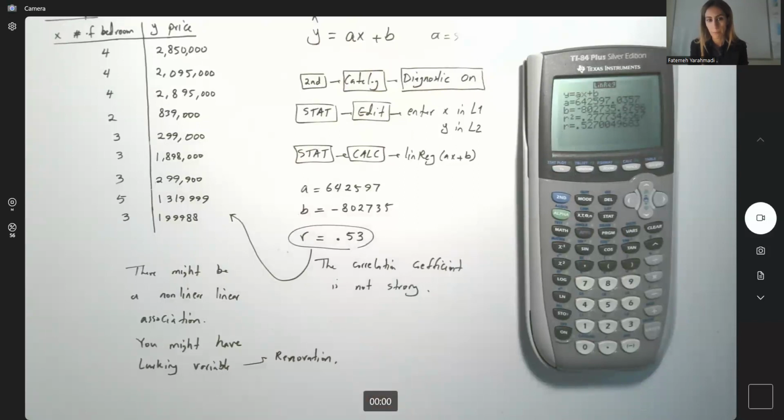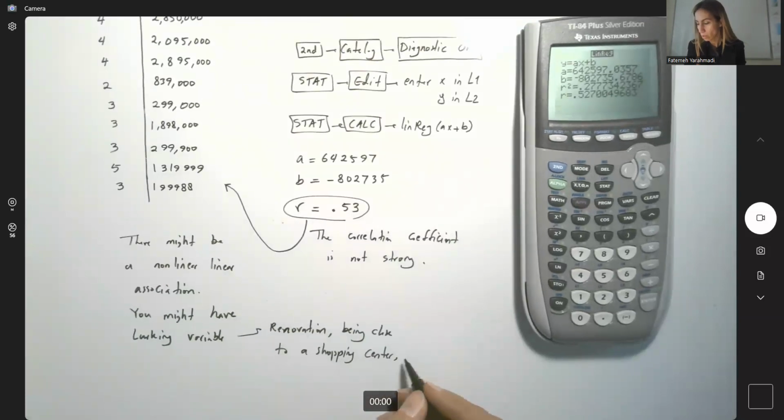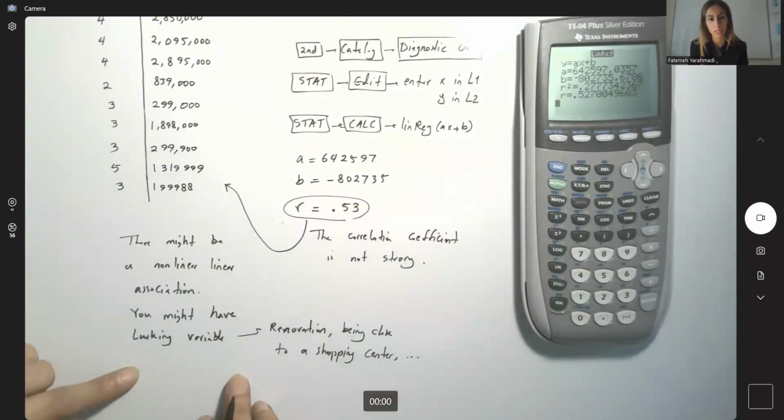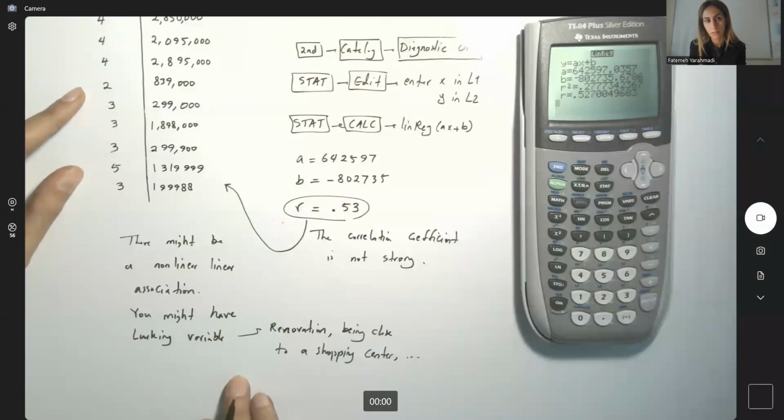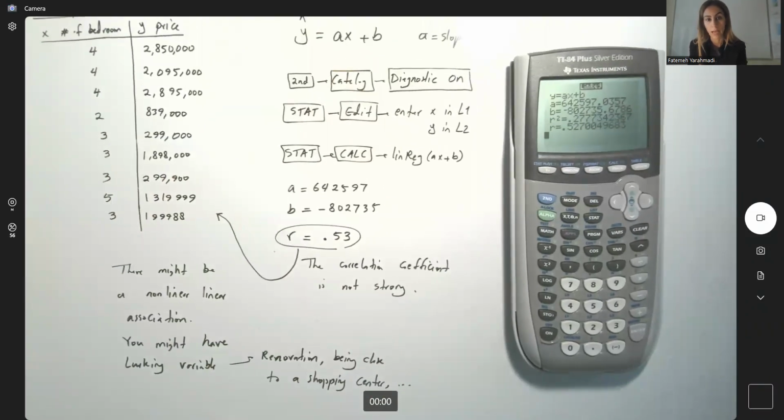Renovation of the house. Being close to a mall, to a shopping center. Is it in a safe area? How about schools around the area? So these are all lurking variables that affect the relation between the number of bedrooms and the price of the house. You might have a nonlinear relation.